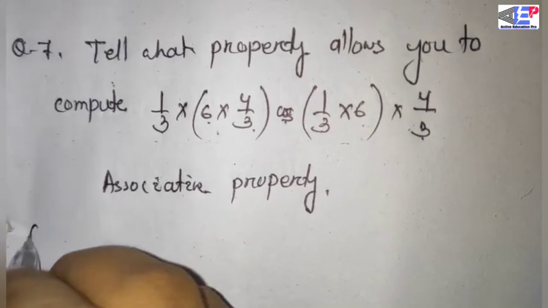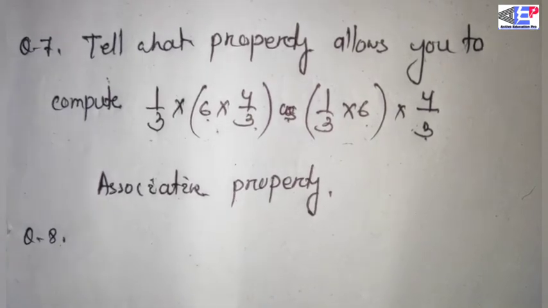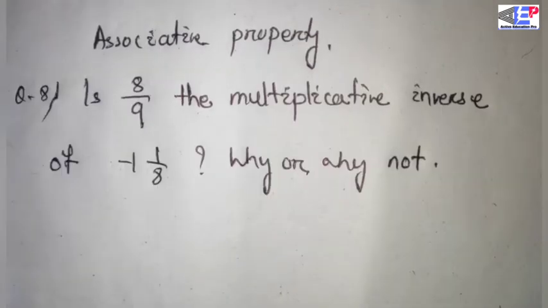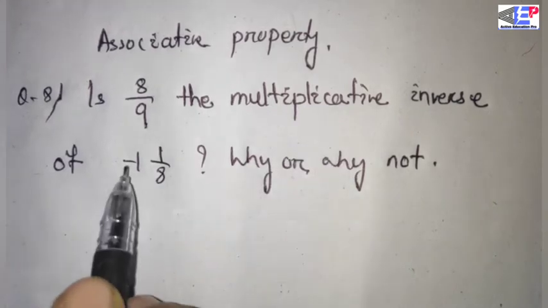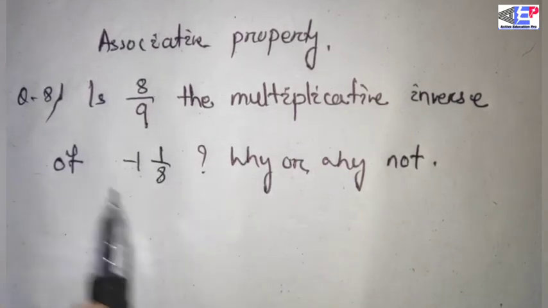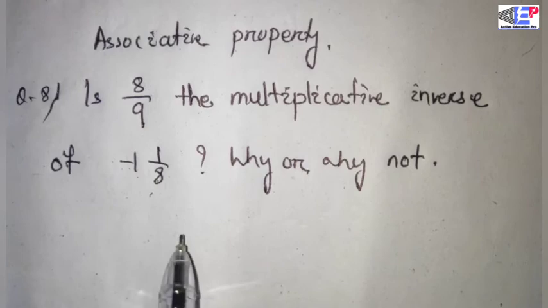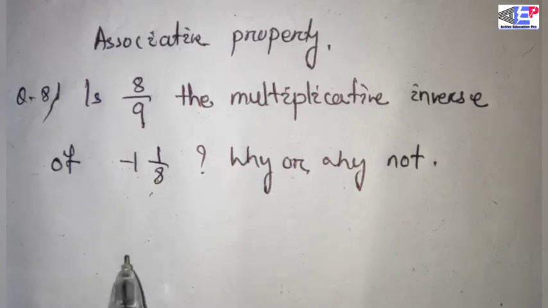Okay, next question number 8. Is 8 by 9 the multiplicative inverse of minus 1 1 by 8, which is a mixed fraction? If yes, tell why. If no, then why not.